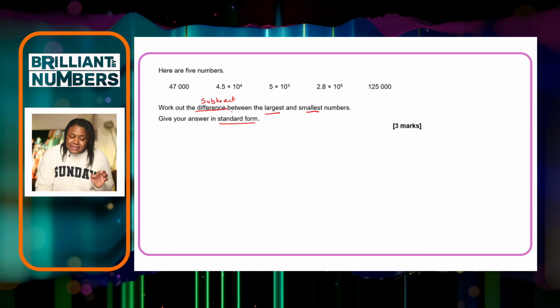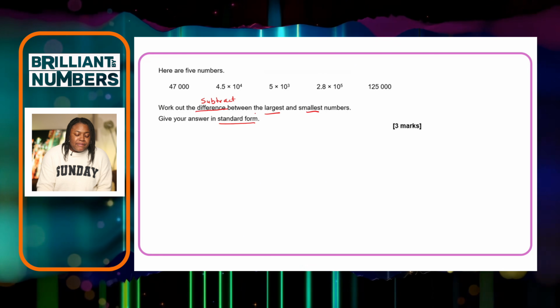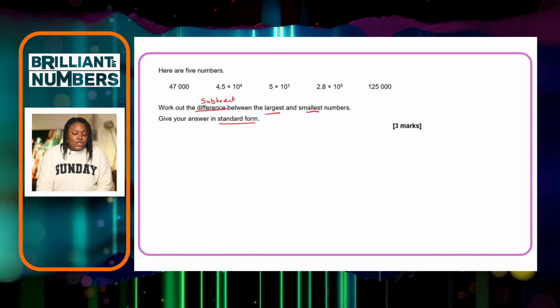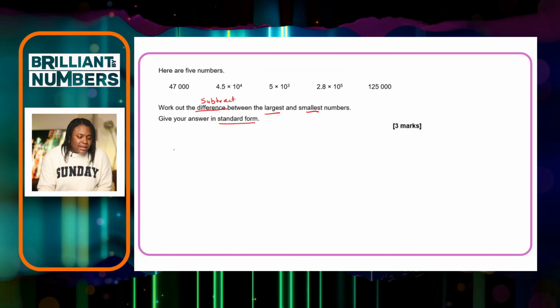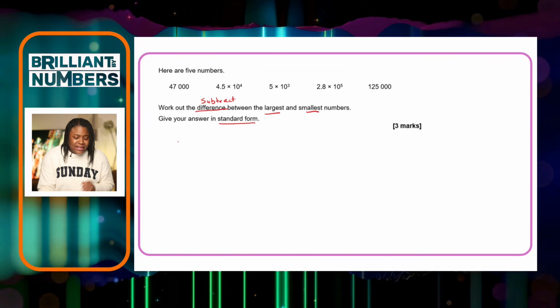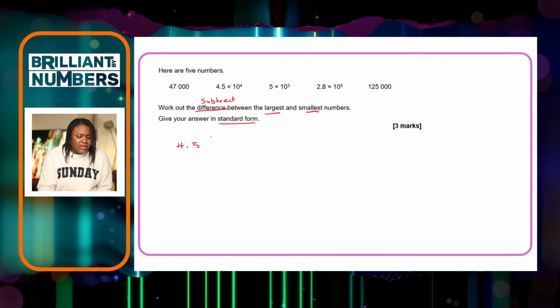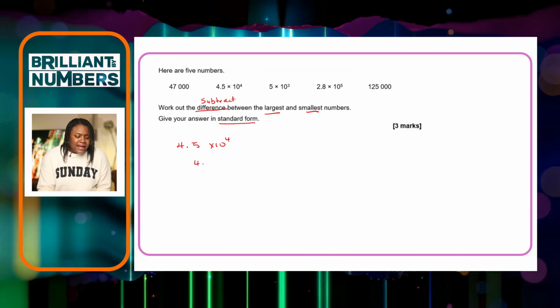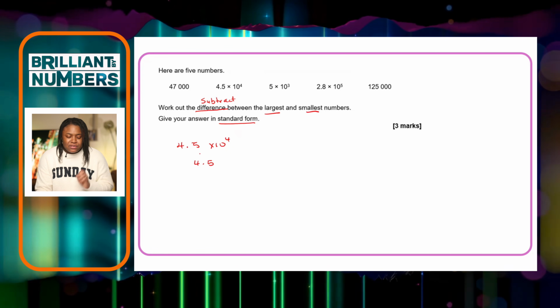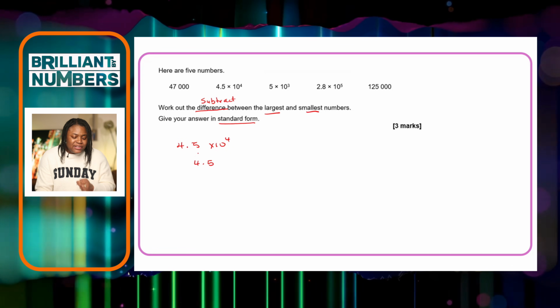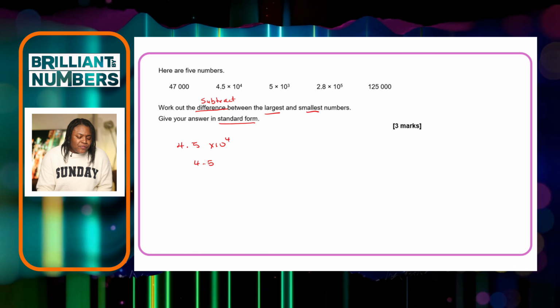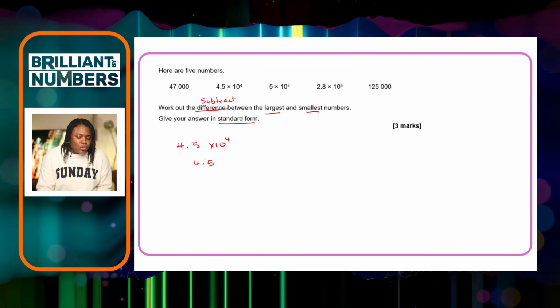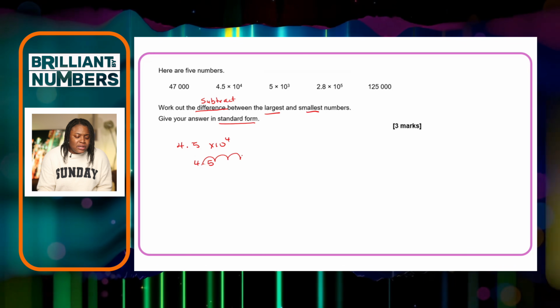So the best thing to do here is to convert them. 4.5 times 10 to the power of 4 means that I am moving my place value, not the decimal point, my place value. So I'm going to move 4 places to the right. 1, 2, 3, 4.